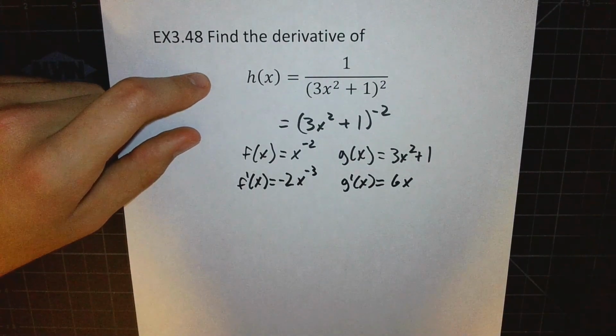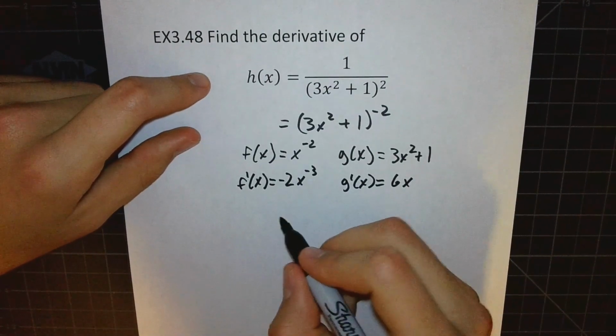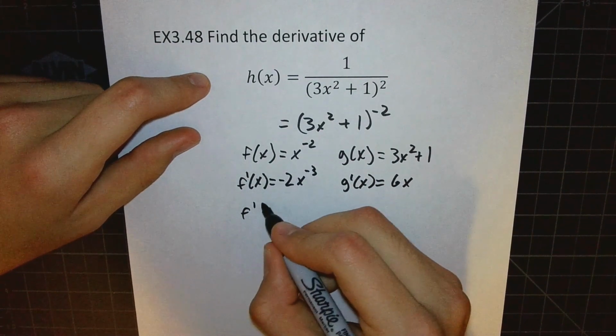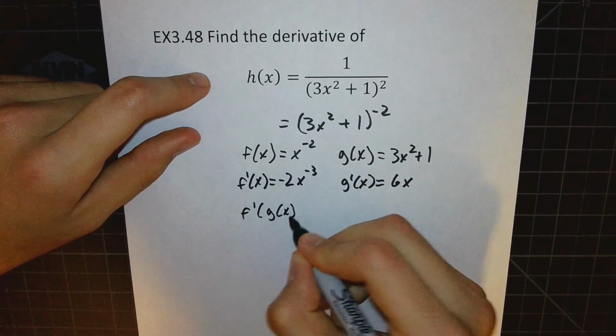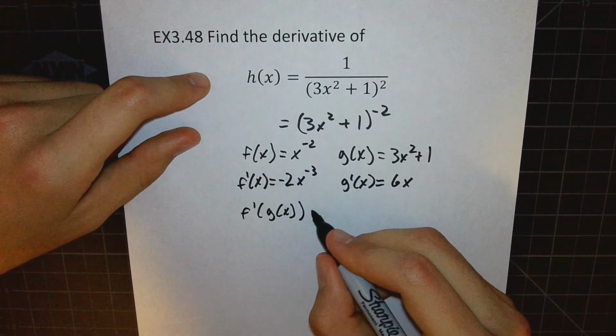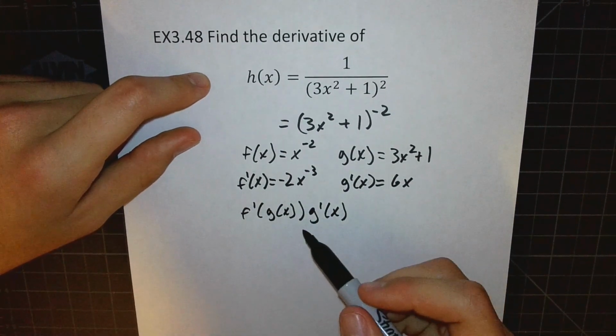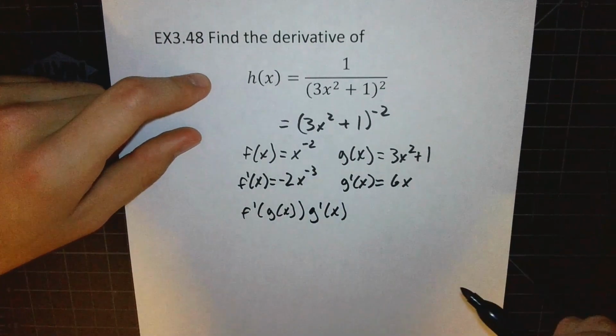So then we can go into our f prime of x evaluated at g of x, so our f prime of g of x times our g prime of x, or as people say, the derivative of the outside evaluated at the inside times the derivative of the inside.